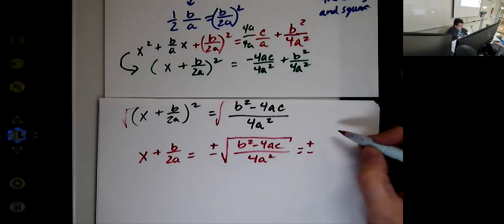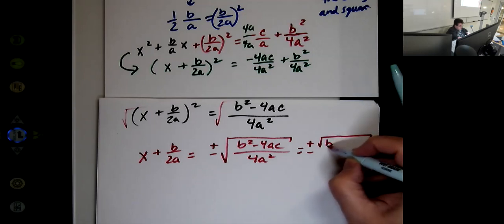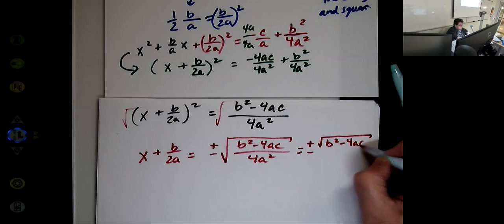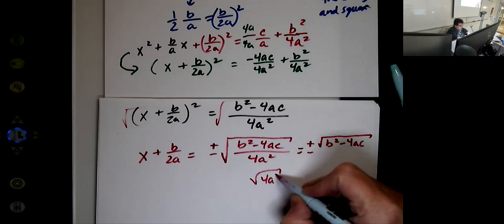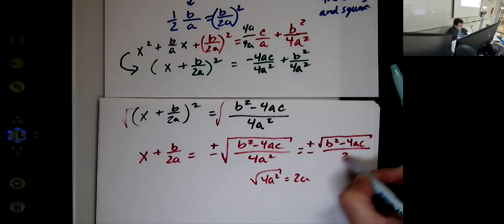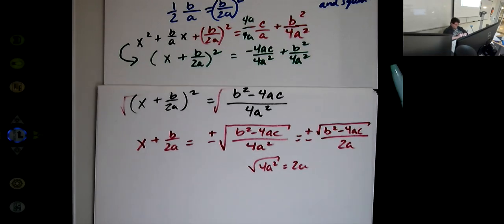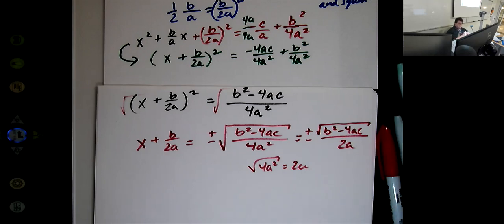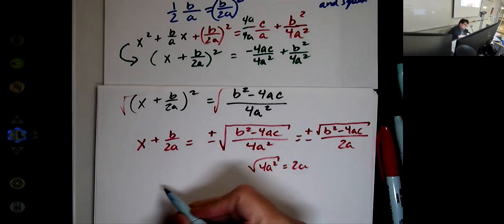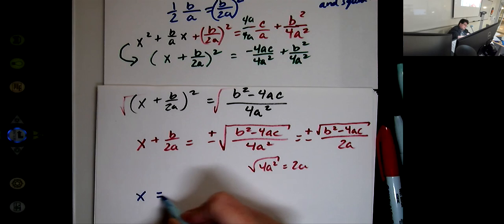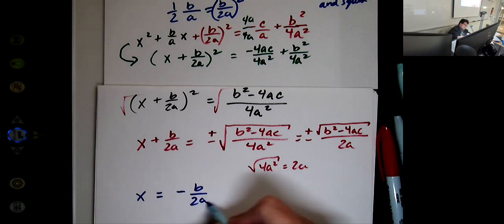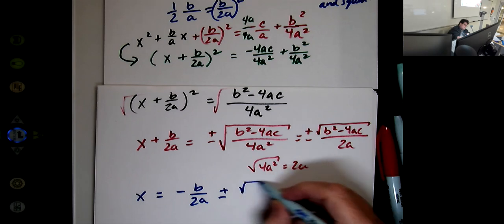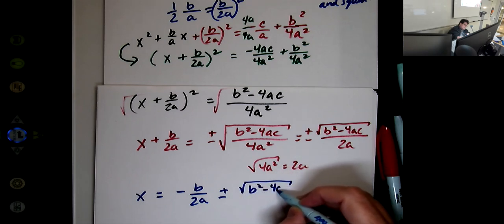And I can separate that. I can do the root on top separate from the root on bottom. The square root of 4a squared is 2a. Finally, if I subtract the b over 2a over, I get x equals negative b over 2a plus or minus the square root of b squared minus 4ac over 2a.